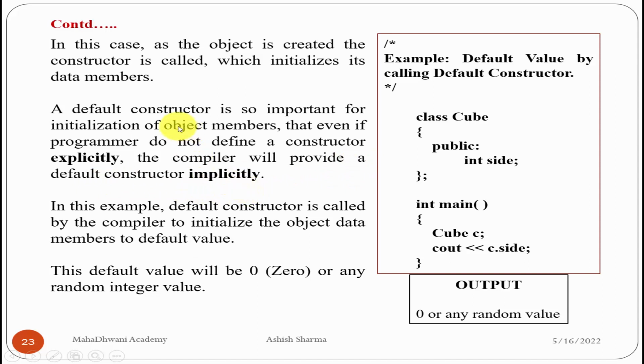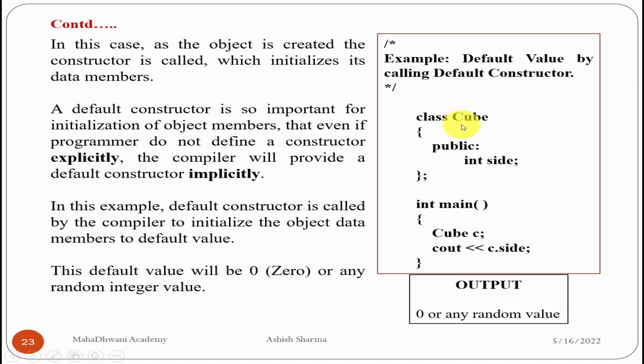So if the programmer is not defining any constructor for the class explicitly, meaning manually, the compiler will provide a default constructor automatically. Implicitly means automatically. So we can see this in the example of the default constructor being called.